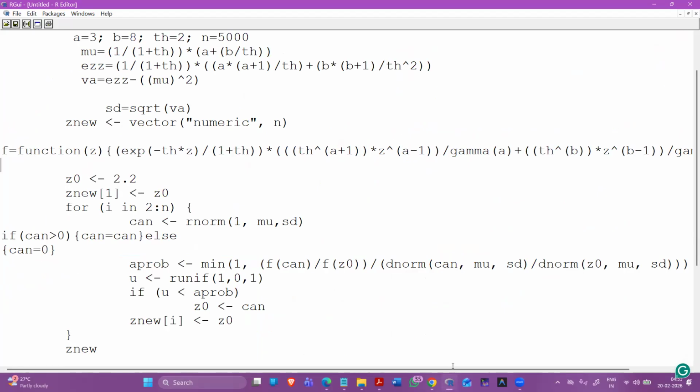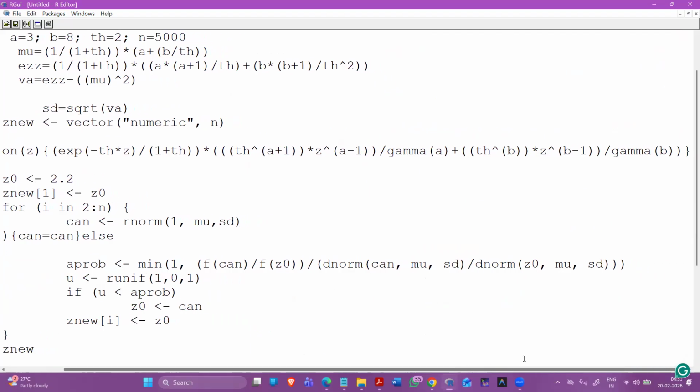Simply you need to divide by dnorm, the density or probability of the normal distribution at the candidate with the same mean and standard deviation, divided by dnorm at z naught comma mu comma sd.